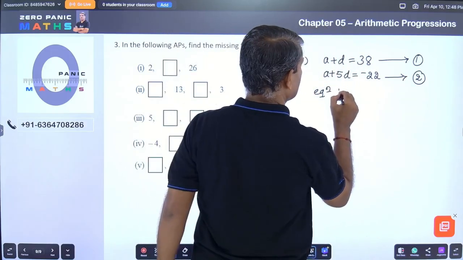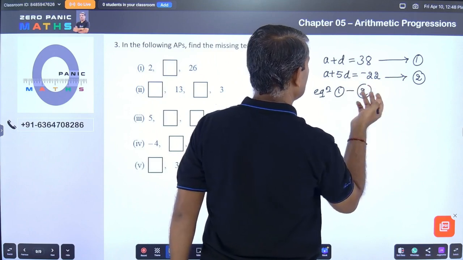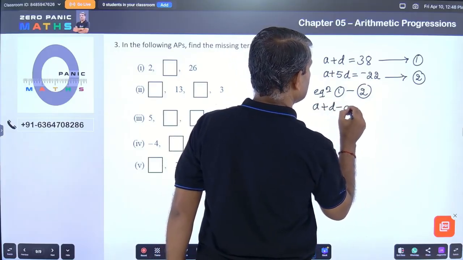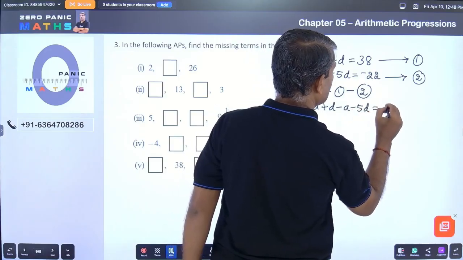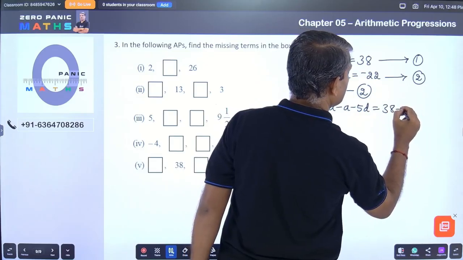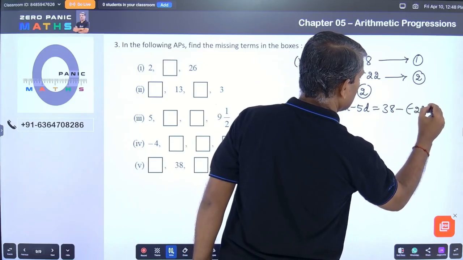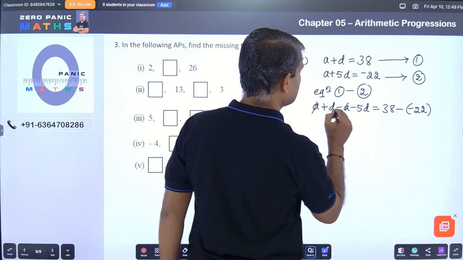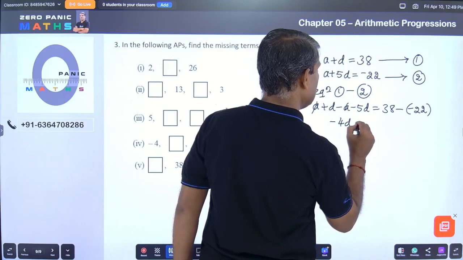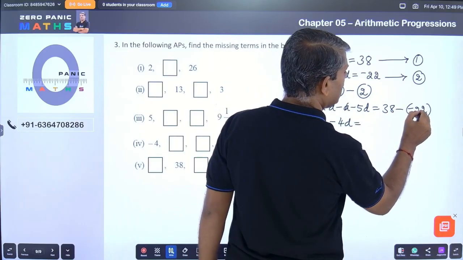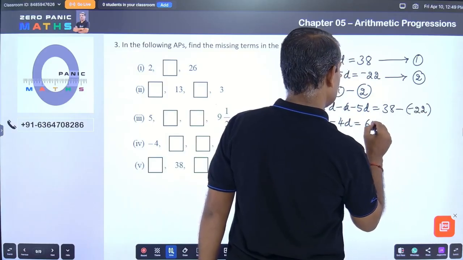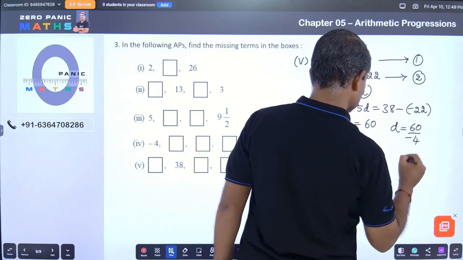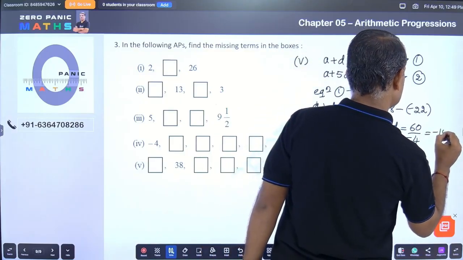It is equation 1 minus 2 or 2 minus 1, anything you can do to get one value. A plus D minus A minus 5D is equal to 38 minus of minus 22. That is we are subtracting, right? So A minus A will get cancelled and it will be minus 4D is equal to 38 plus 22, which is 60, right? So what is D then? It is 60 divided by minus 4, that is minus 15.